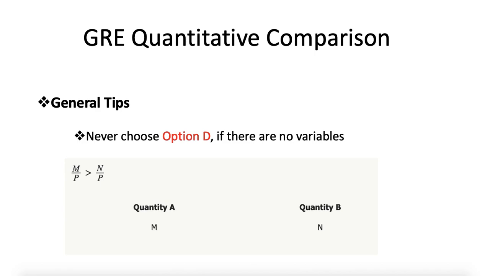But I told you earlier that if we multiply or divide both sides by a negative value, the sign will change. So that means if p is negative, the sign will invert and n is greater than m. That's why I want you to understand that whenever we have a variable, only in that scenario could option D be possible.